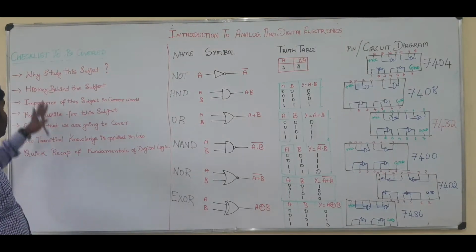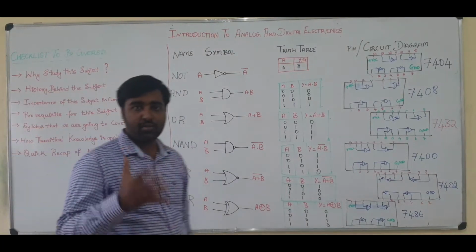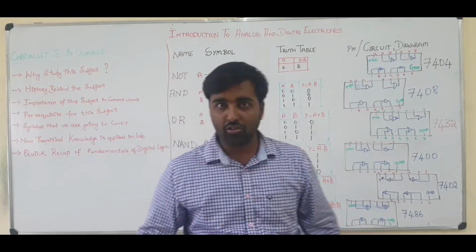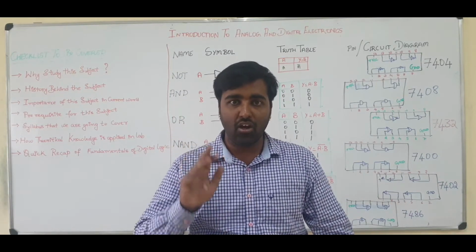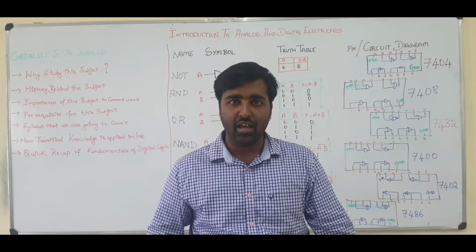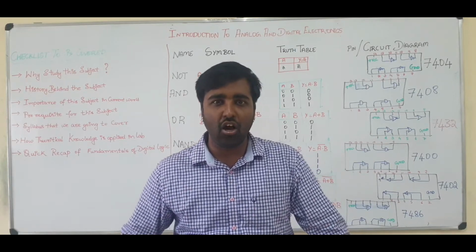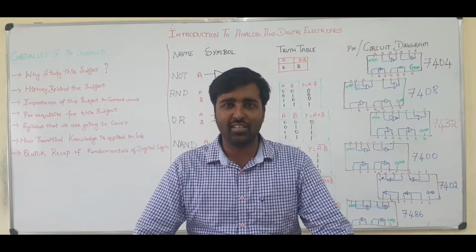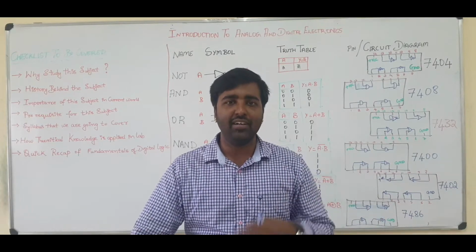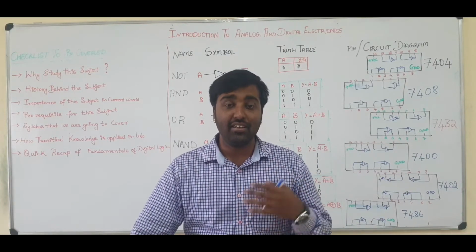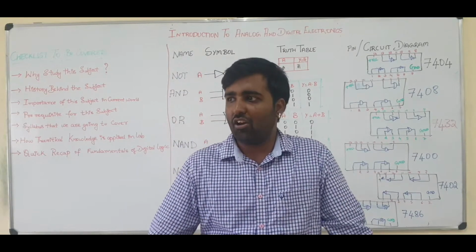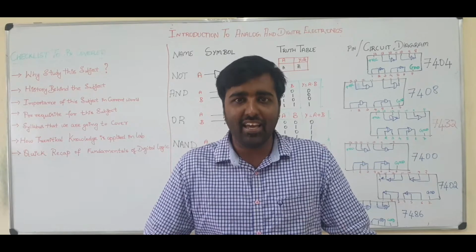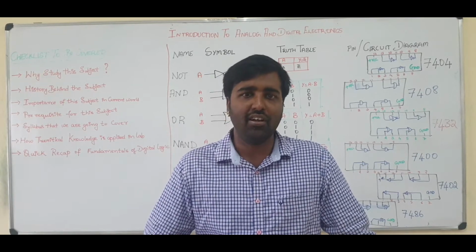The very first thing is, when you hear the subject called analog and digital electronics, there are two main words: one is analog and one is digital. Analog means continuous in nature, and digital means discrete in nature. An example of analog can be a human voice in air, or the temperature in a thermometer.